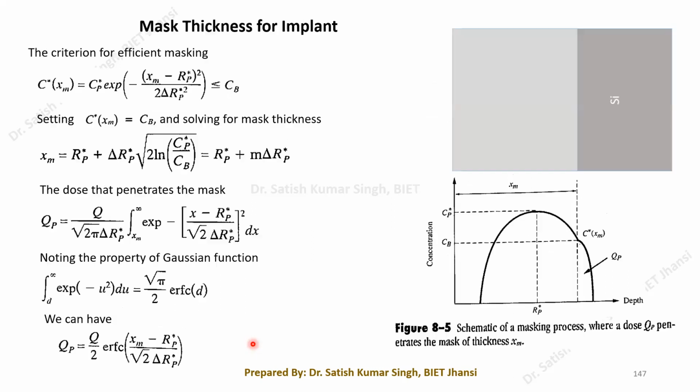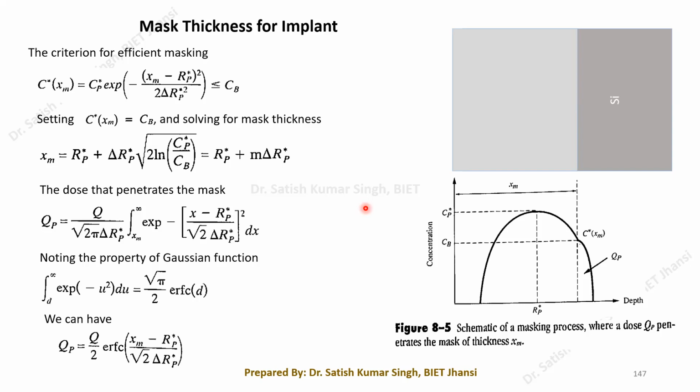Now one more important parameter that we have to understand, if we want to perform the ion implantation: as I said in my first slide, in the case of diffusion, when we perform the doping, we need to have a certain masking material. In case of diffusion, we use the SiO2 layer, which acts as a mask.